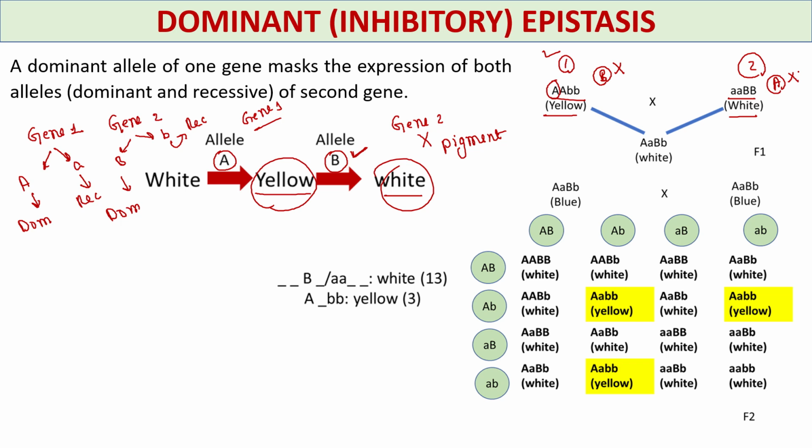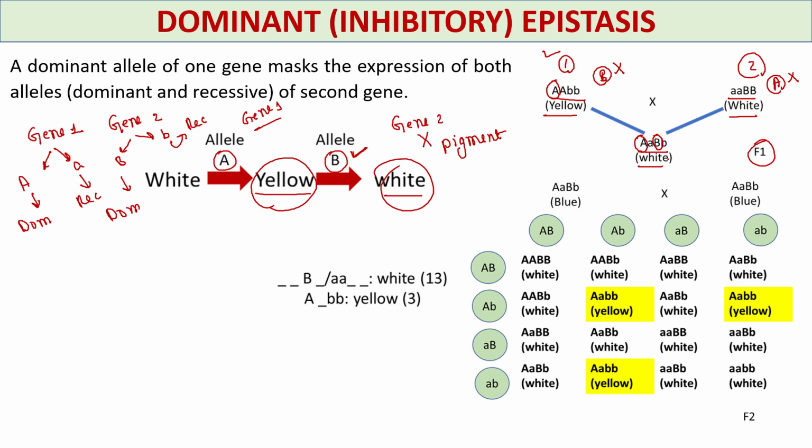When these two parents are crossed, their offspring in the F1 generation will have genotype capital A, capital B, small b. They will also be white because, although they have one capital A allele which makes the color yellow, they also have a capital B allele which will mask the action of allele capital A and make it white.